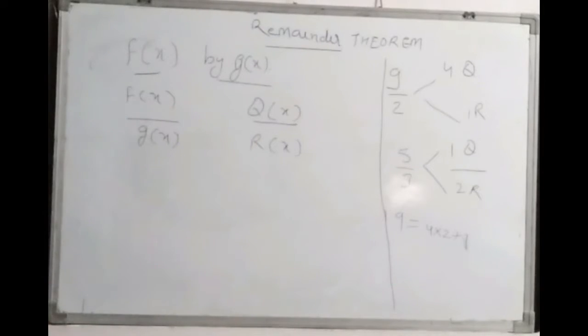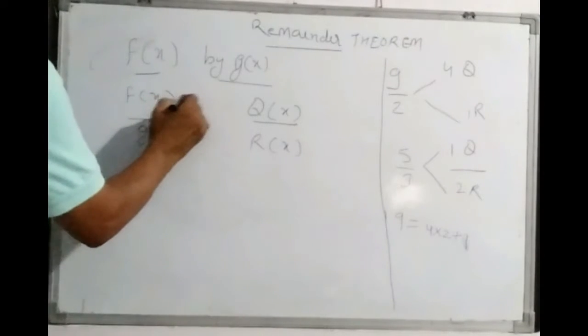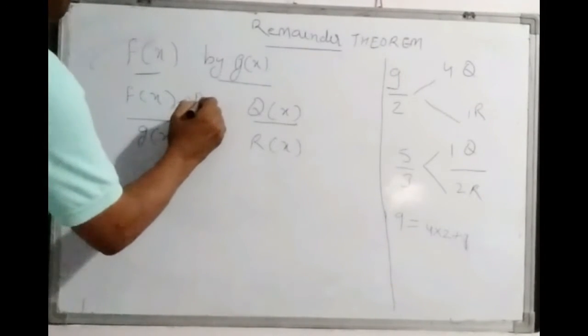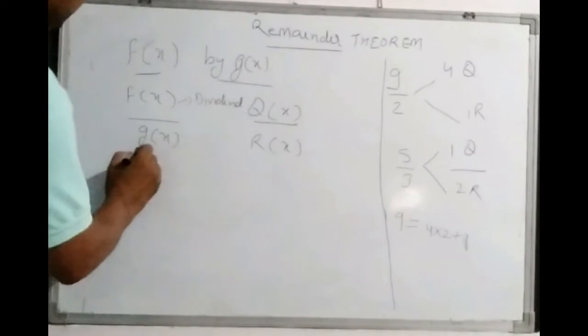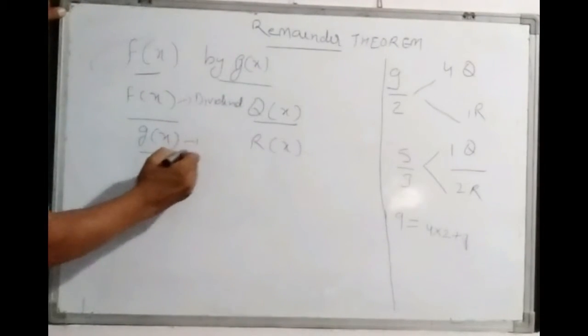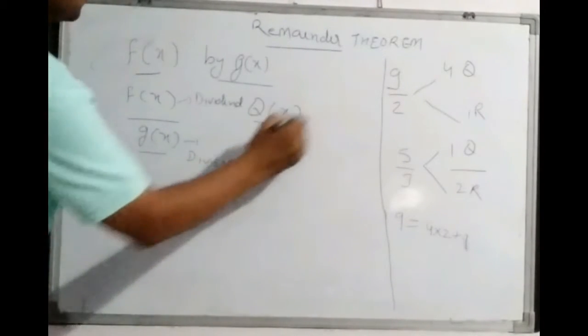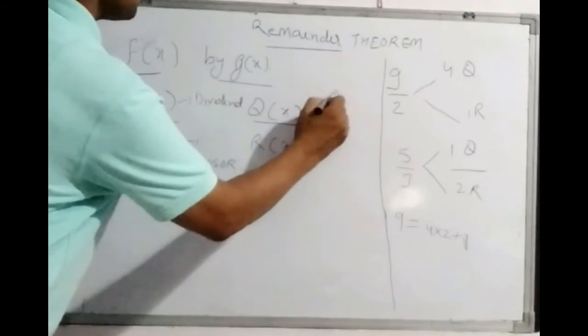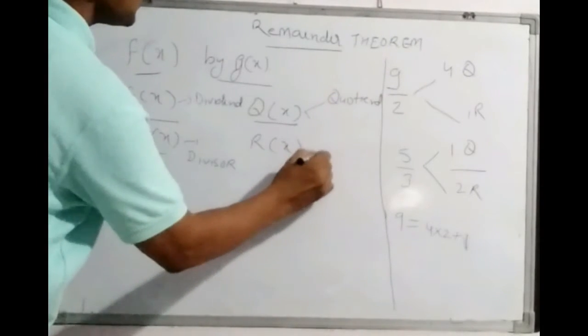Similarly, in case of polynomials as well, what we have: f(x) is known as the dividend. This is our divisor. This is our quotient. And this is the remainder.